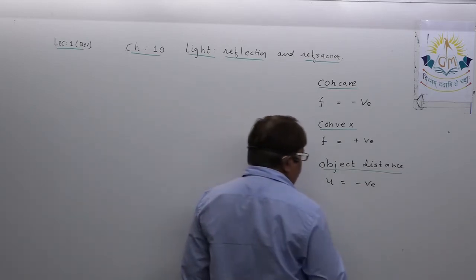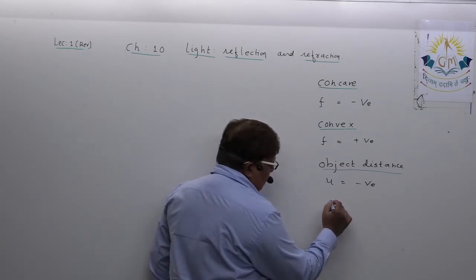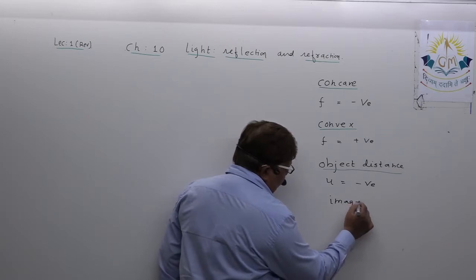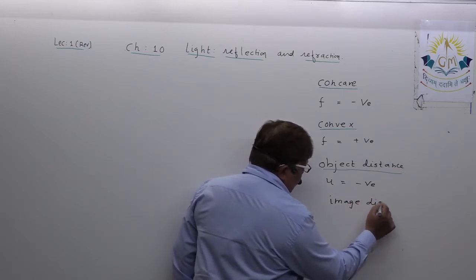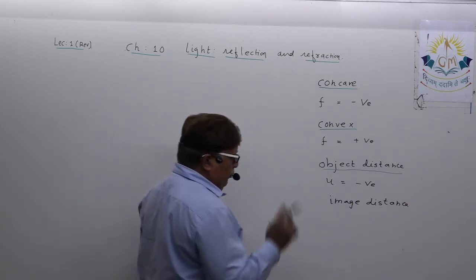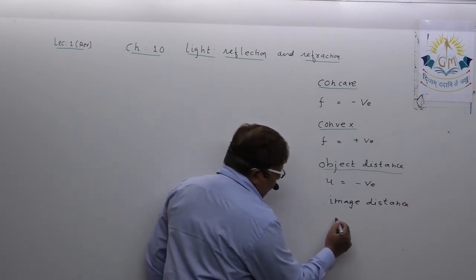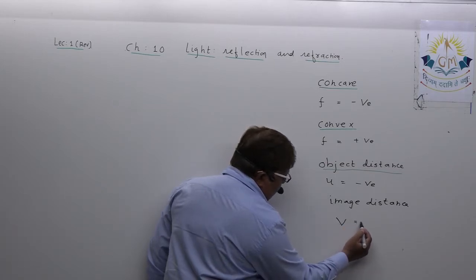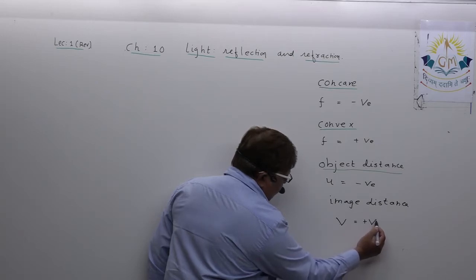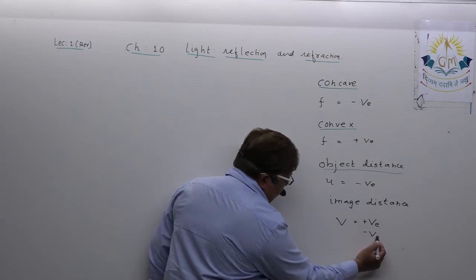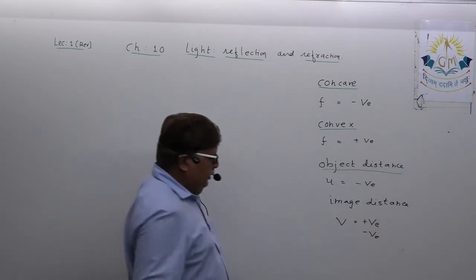And one more thing, dear student: image distance means where the image is formed. Remember one thing very clearly: image distance may turn out positive, may turn out negative.